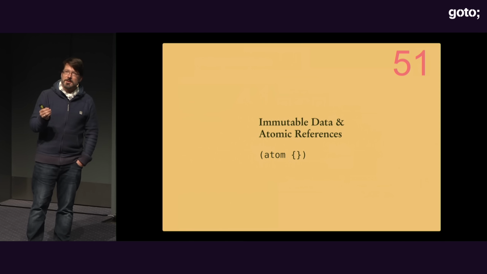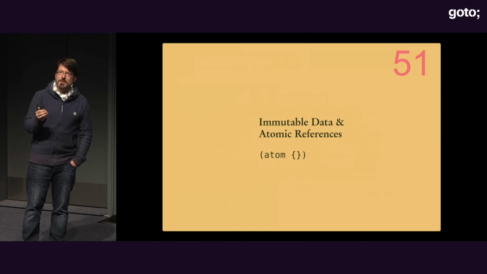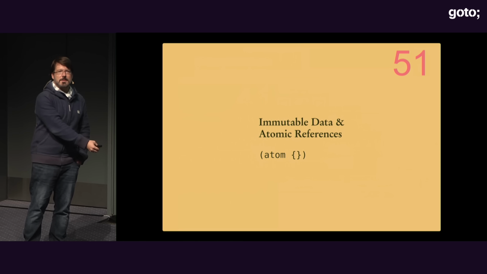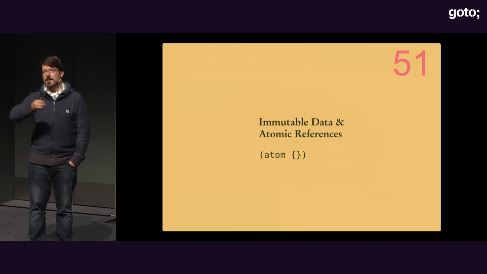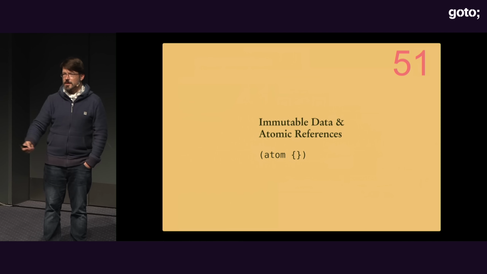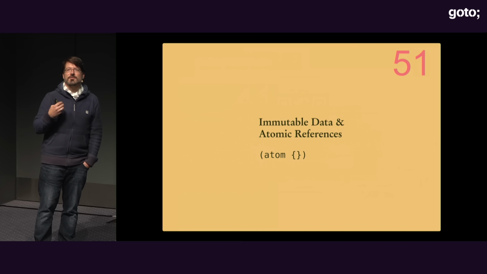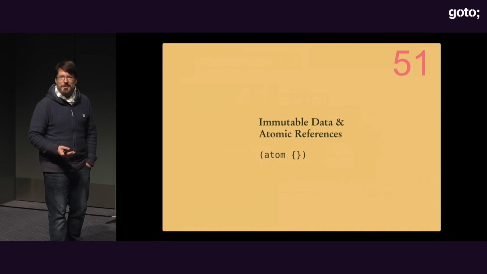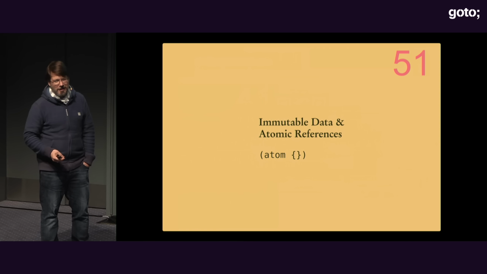Like many other functional programming languages, Clojure has immutable data structures, which is fine if you have an application that takes some input, transforms it, and gives an output. But as soon as you have a running system that has to keep track of a state, you are out of luck with an immutable data structure because the data can't change.